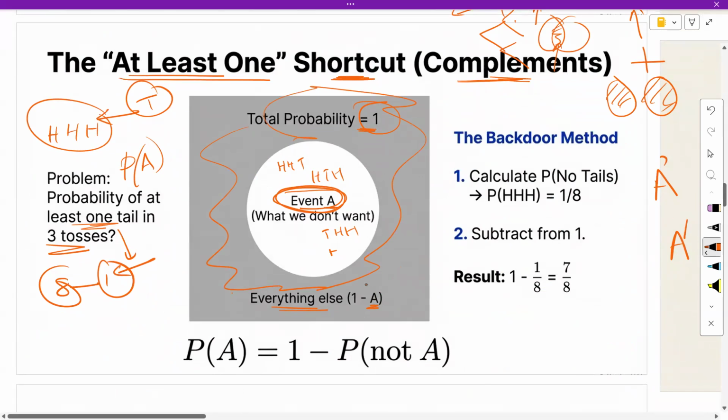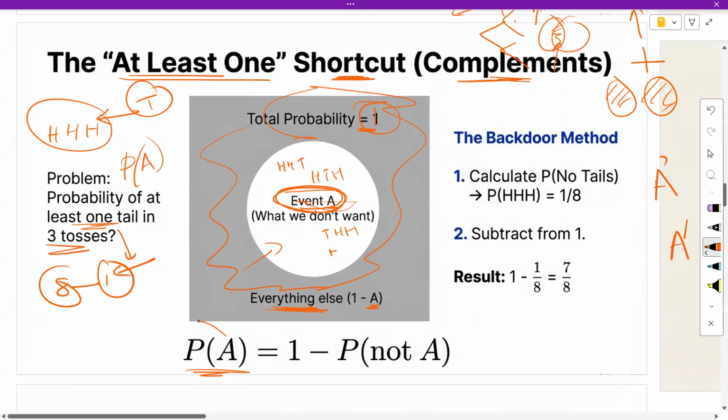How can we calculate it? 1 minus A complement equals everything else. So to find the probability of A, we take 1 minus the probability of A complement. The probability of A is the probability of obtaining at least one tail.